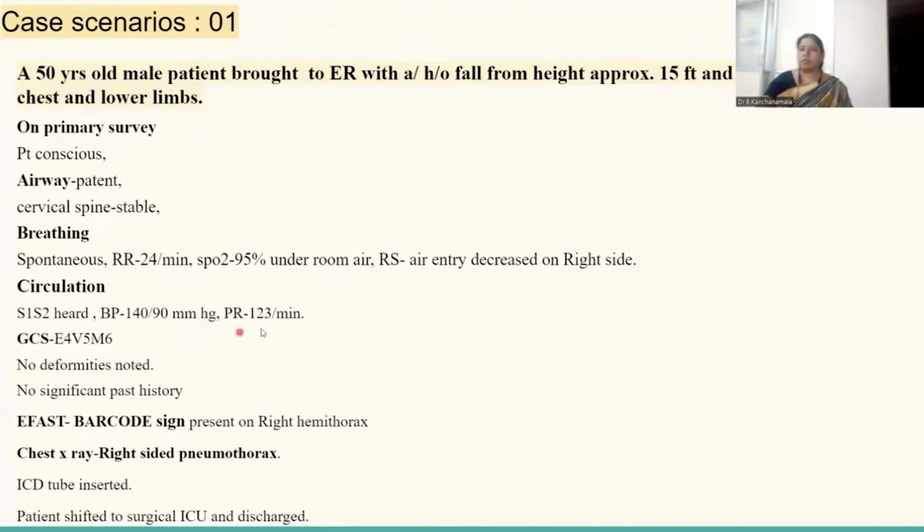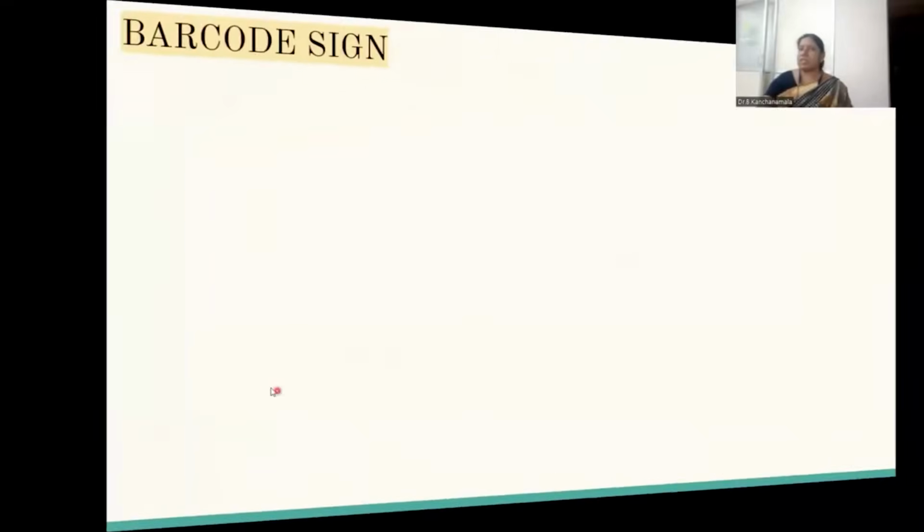The patient has a pulse rate of 123. GCS is normal, 15 by 15, and on eFAST we found a barcode sign in the right hemithorax, suggestive of right-sided pneumothorax. So ICD was inserted and the patient was discharged well.